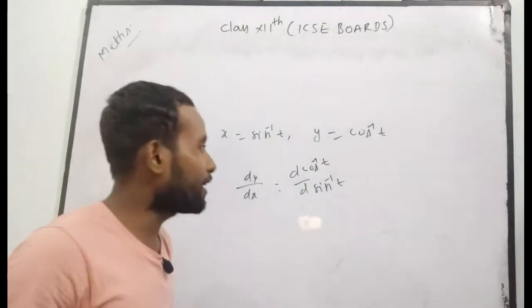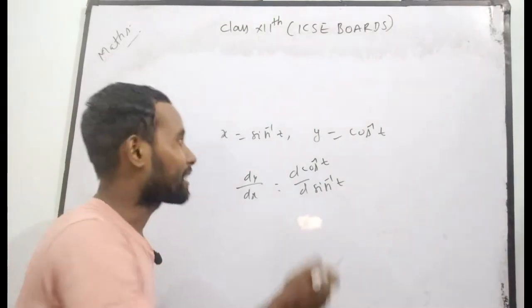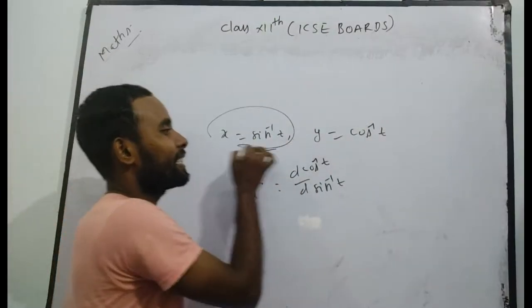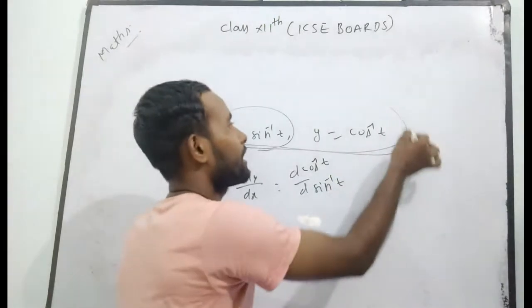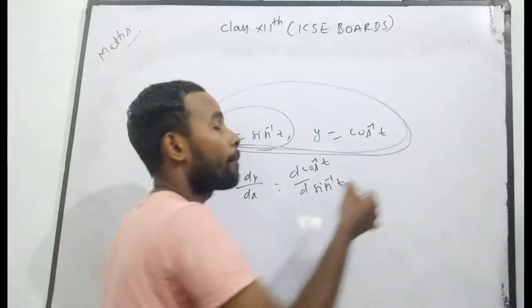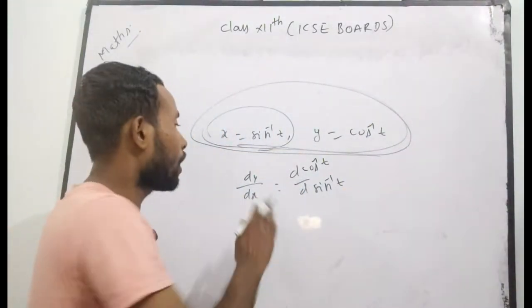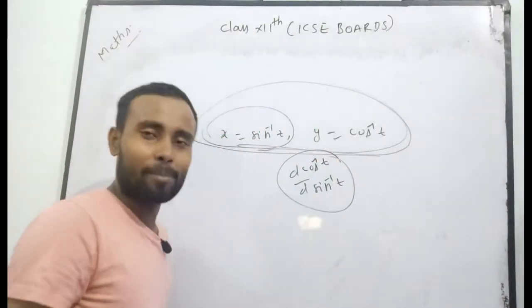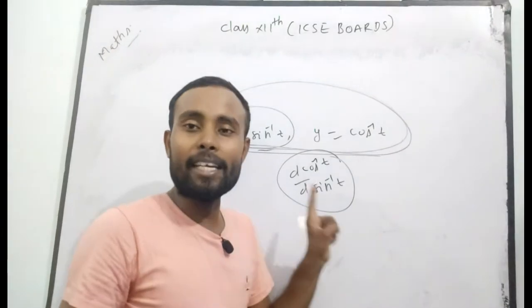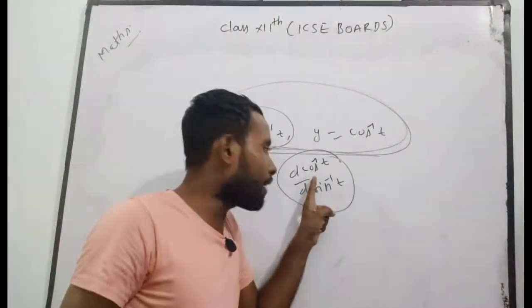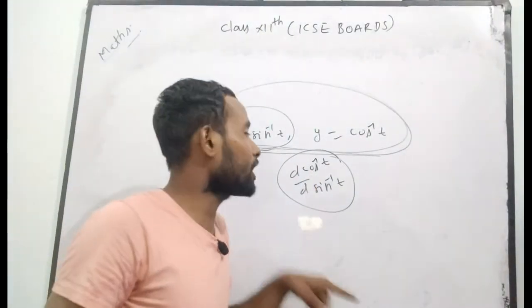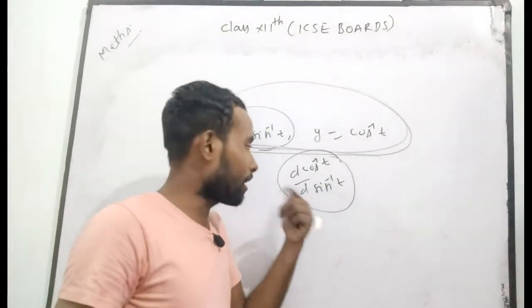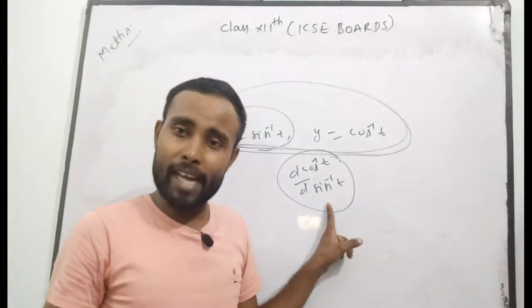When you write this problem in one way, you will tell me the given problem is in parametric function form. When you write it the other way, you will tell me, sir, it is the derivative of one function, that means cos inverse t, with respect to another function, that means sin inverse t.